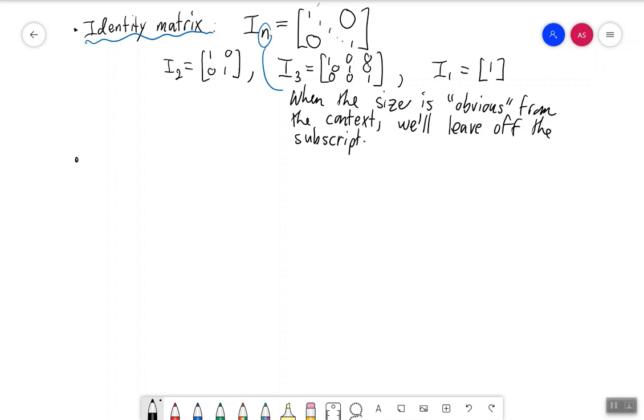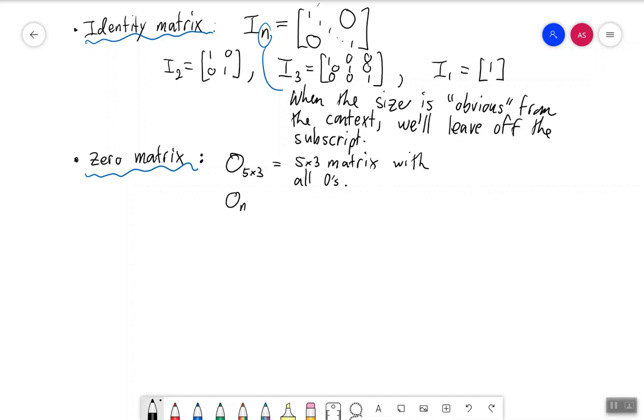The next matrix I want to define is the zero matrix. We will usually write this like O, say 5 by 3 or something. So this is the 5 by 3 matrix with all zeros.